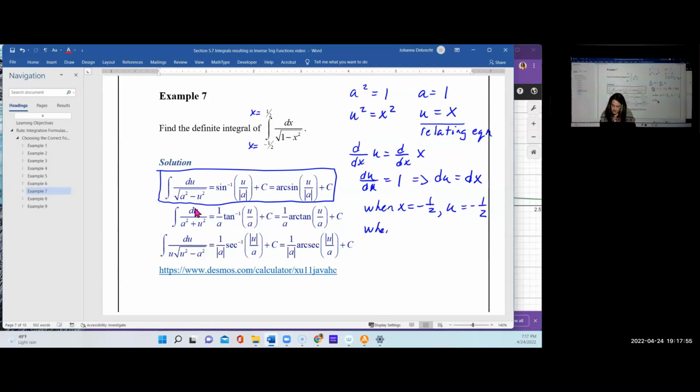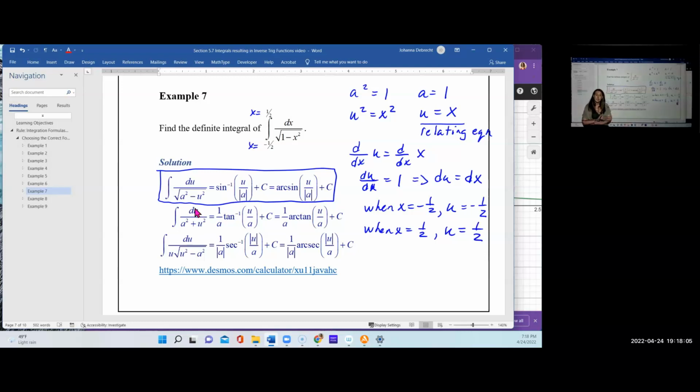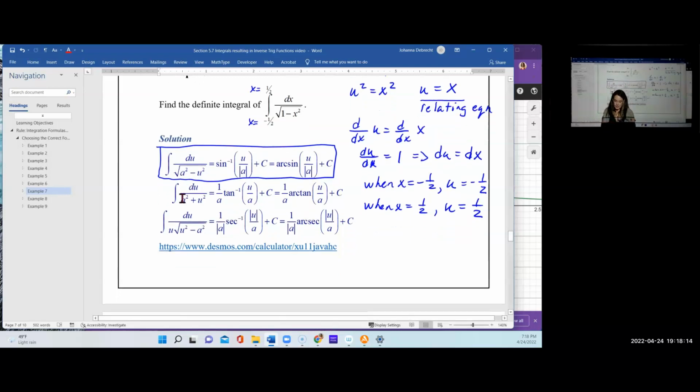When x is equal to 1/2, u, which is still x, is also 1/2. We will see an example shortly where the limits of integration change because u is not equal to just x. Now we have something to substitute for each piece.